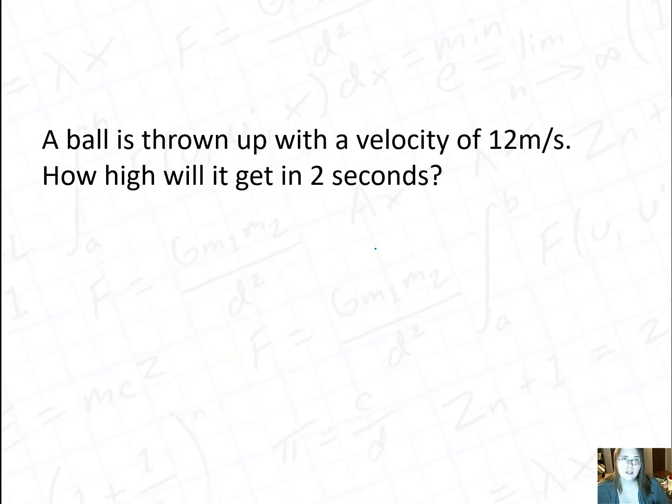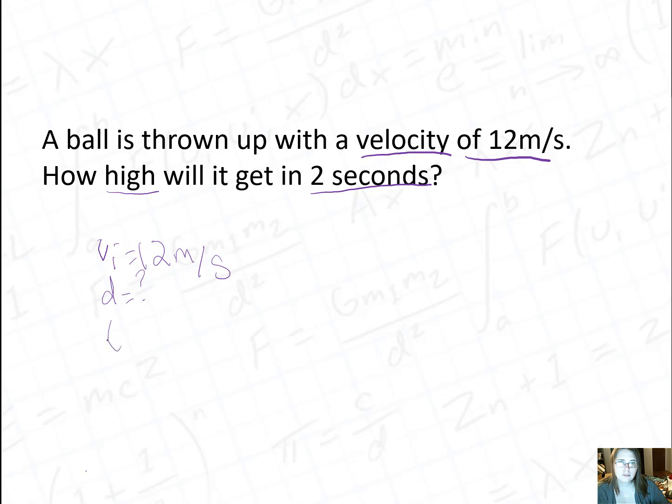So here is one where we say a ball is being thrown up with a velocity of 12 meters per second. So this time, this velocity means an initial velocity. So the initial velocity is equal to 12 meters per second. How high is a distance or displacement? So that's what we're looking for. Will it get in 2 seconds?